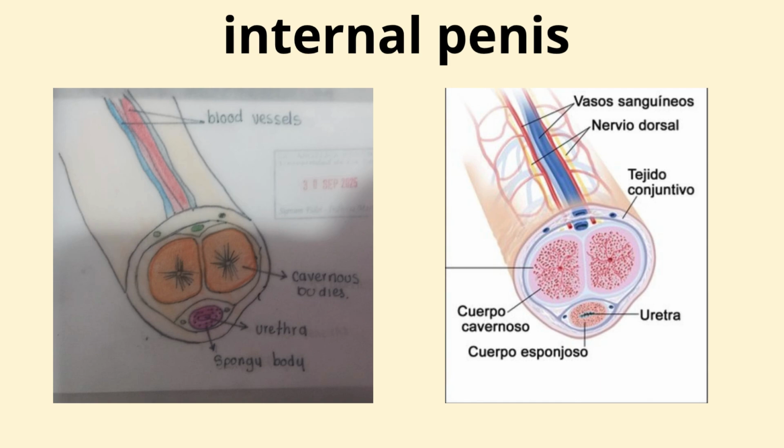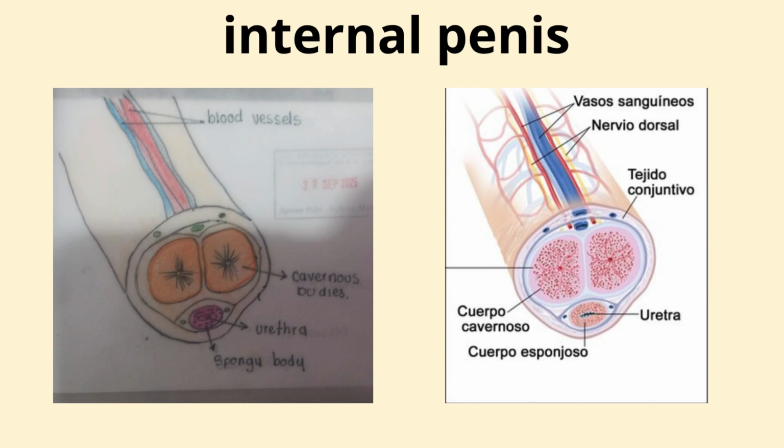We're looking at a cross section of the penis. At the center, you see the urethra, the tube that carries both urine and semen to the outside. Surrounding the urethra in the ventral portion is the corpus spongiosum, a spongy tissue that helps keep the urethra open during erection.